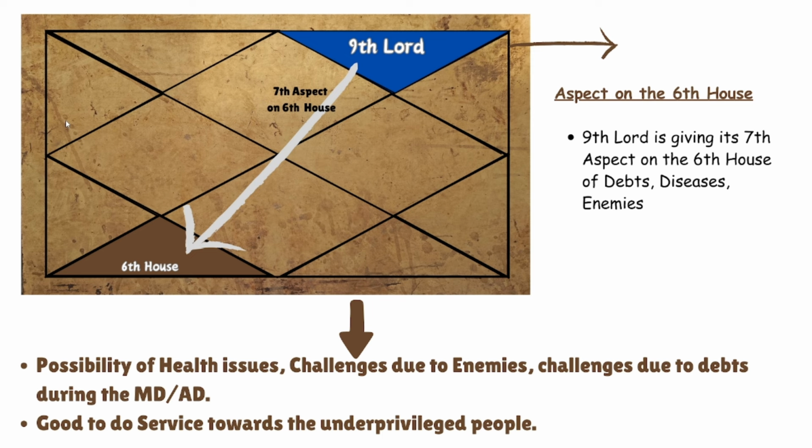But again, if the dignity is good, then this luck lord will try to protect you from all these challenges, and you will overcome it. But if the dignity is not good, then it is showing a struggling time.